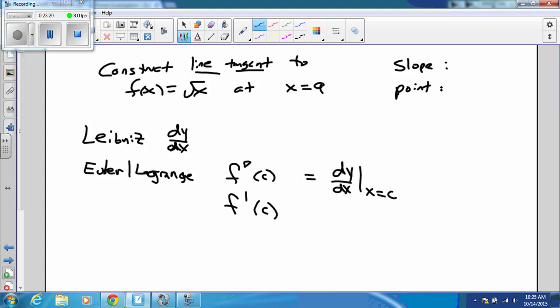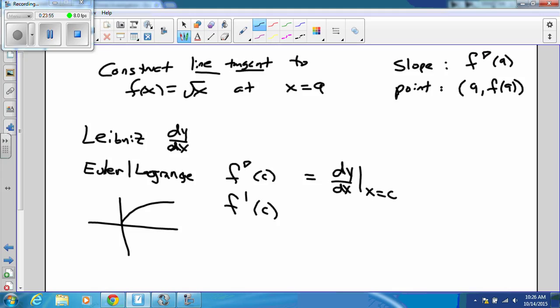Exactly, that's why I use the triangle. In the book, it's a little more clear because the prime sign slants a little bit. You'll see it when you read the book. So coming back up here, if I were to use the Euler notation, then I would say that my slope is going to be the dy dx, or the f prime, evaluated at x equals 9. And I'm going to say that my point is going to be 9 comma f of 9.